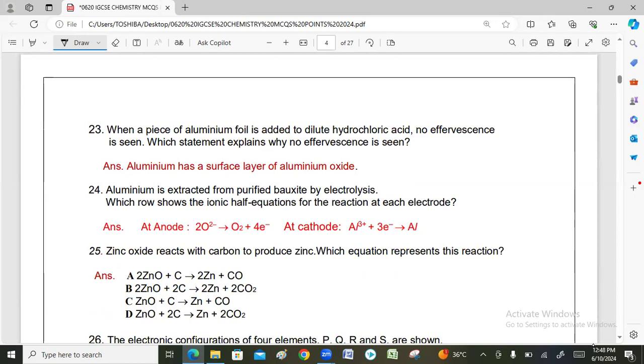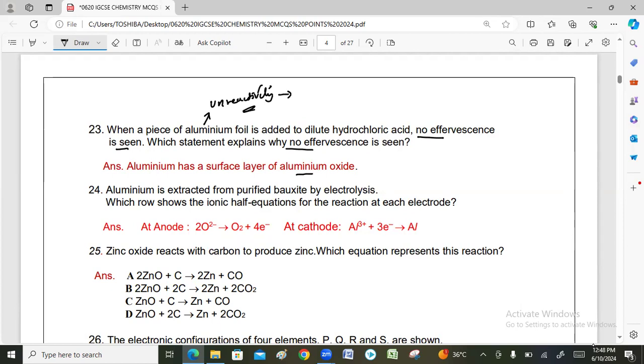When a piece of aluminium foil is added to the dilute hydrochloric acid, no effervescence is seen. Which statement explains why no effervescence is seen? Aluminium is, although above in the reactivity series, but generally it shows unreactivity. So the unreactivity of aluminium is due to the surface layer of aluminium oxide.